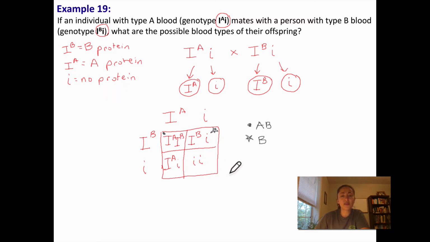The little i wouldn't make any protein. If we look at this next possible offspring, that would be type A. And the last possible offspring right here would be type O. So we could see that if these two parents mated, the possible blood types of their offspring are actually every single blood type possible. Their offspring could be AB, B, A, or O.